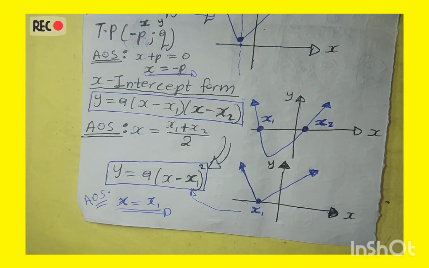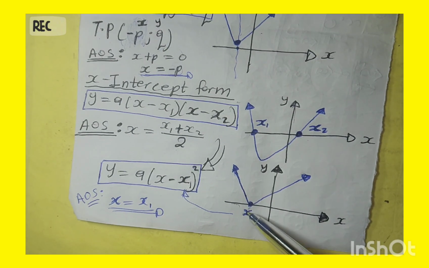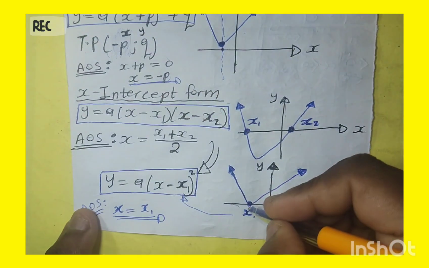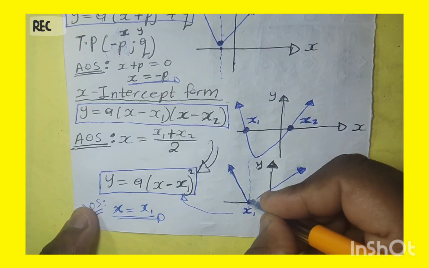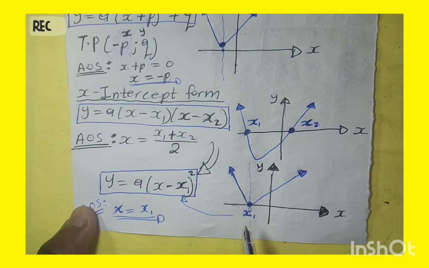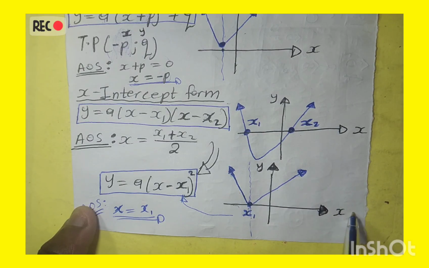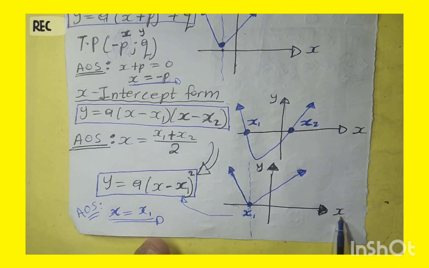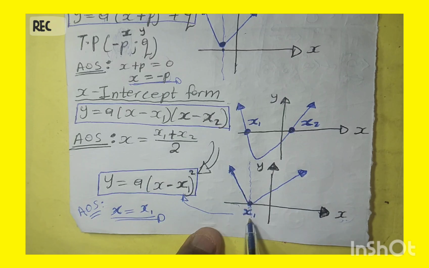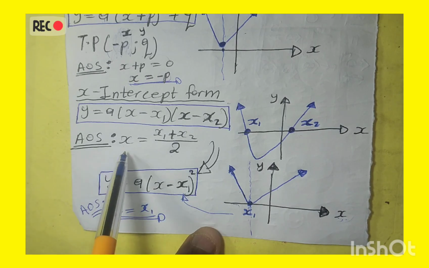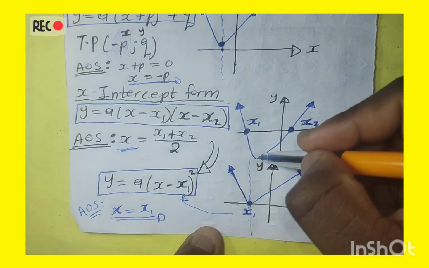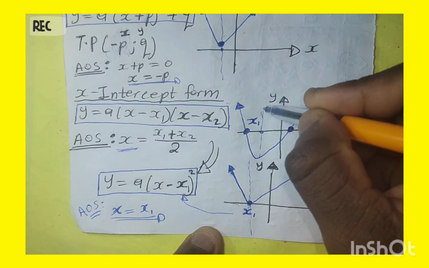Those axes of symmetry are the dotted line that divides a shape into 2 equal parts, and they will all the time pass through the x-axis there, at the x values. So the axis of symmetry will be represented by an x value there. As you can see, even here, they will be passing through the x values there.